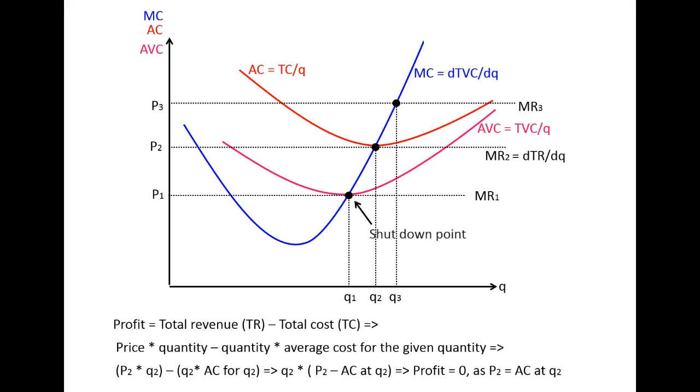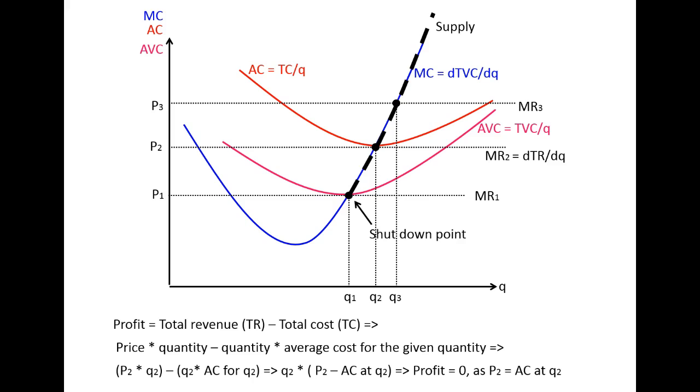So therefore, the intersection between marginal revenue 1, marginal cost, and average variable cost, this point here, is called the shutdown point, because this is the lowest price that this company in this situation is willing to accept. And that indicates, of course, that the supply function will be equal to the marginal cost curve from the shutdown point and upwards.